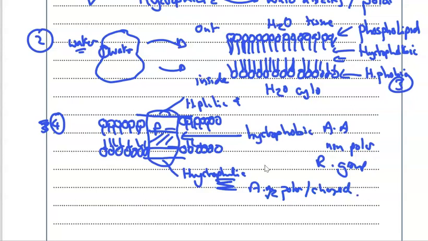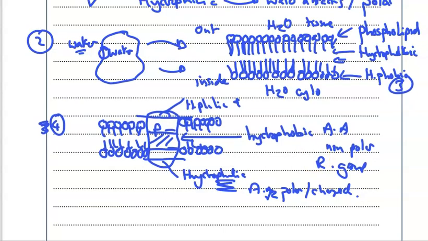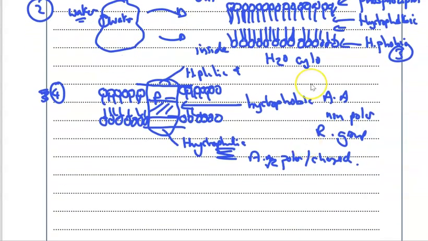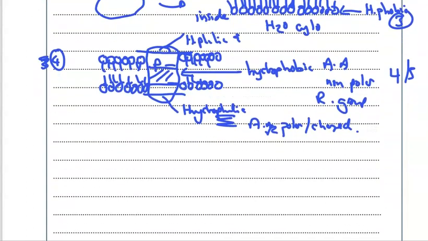That's the R groups. Now we could extend this even further, so now I think we're probably up to around about 4 and 5 marks. Let's push on a little bit more.